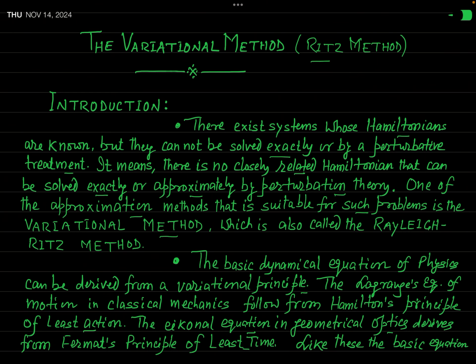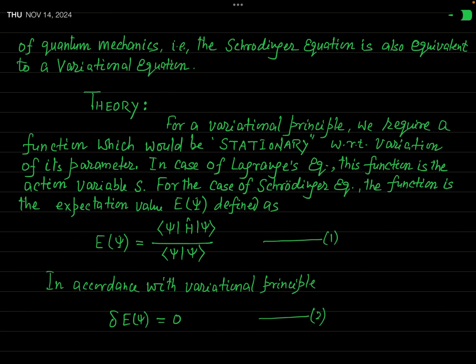Okay. So in this method, particularly in quantum mechanics, we are going to solve the problems by an approximate method using the variational principle applied to the Schrödinger equation. Okay. So I hope you have understood when this method is applied to solve physical problems.